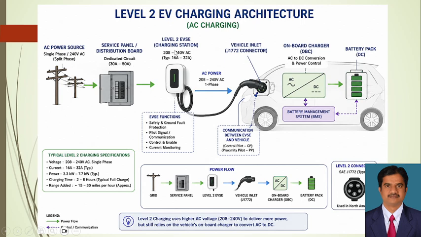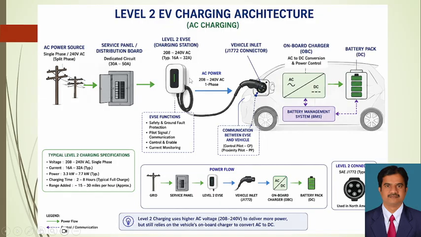Then we have the level 2 electric vehicle supply equipment or charging station, typically of 208 to 240 volts AC supply, with a current rating of 16 amps to 32 amps. Here the current rating in the distribution board is in a higher range, 30 amps to 50 amps, but the electric vehicle requires only a current between 16 amps and 32 amps.